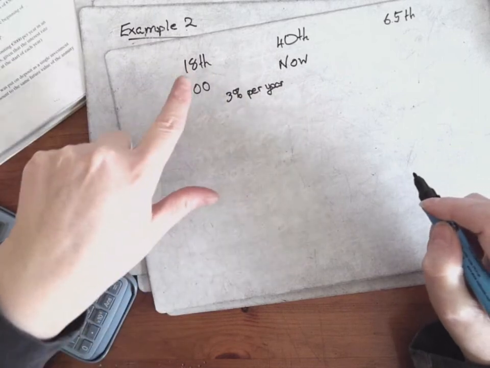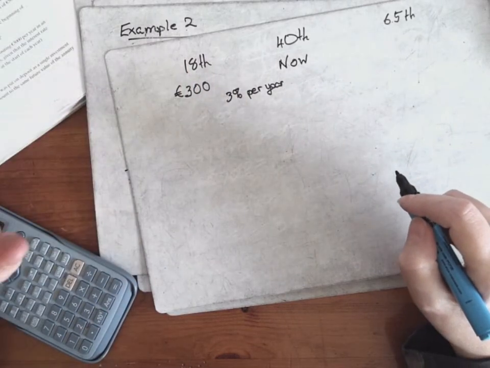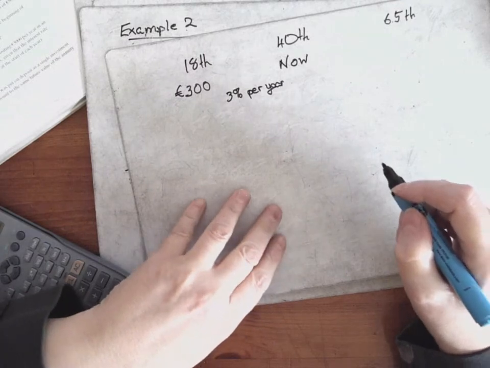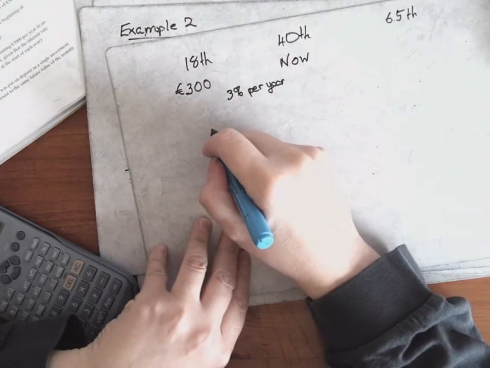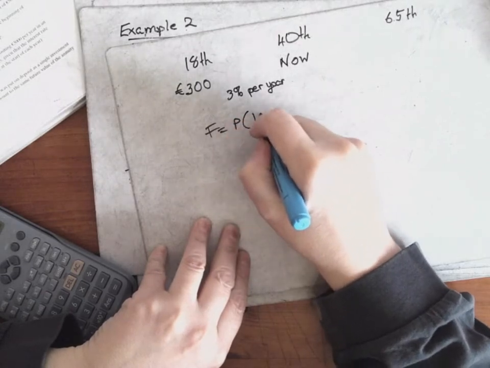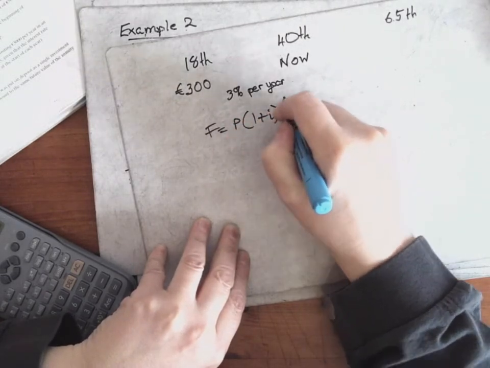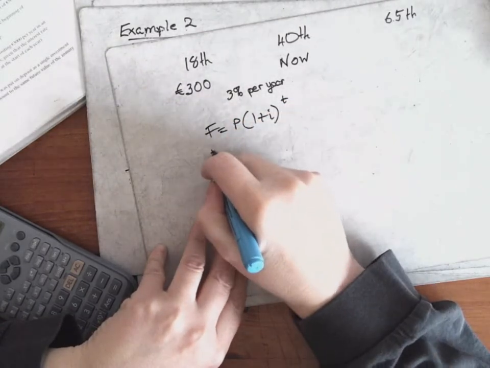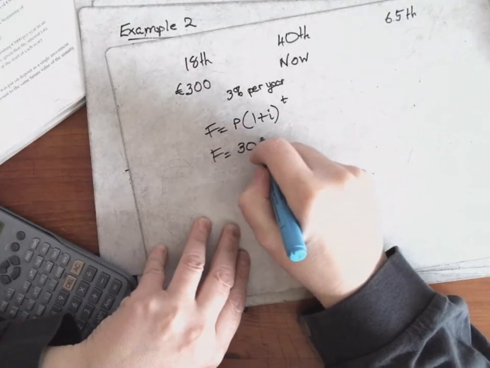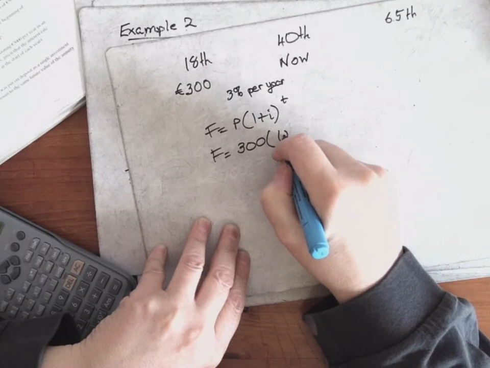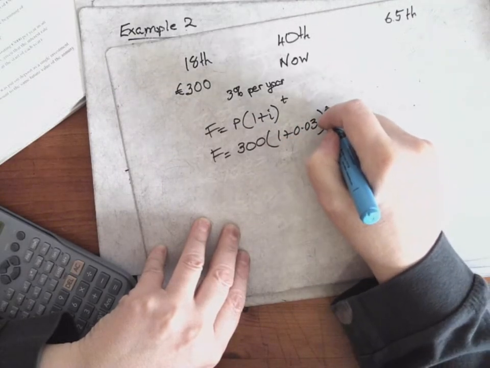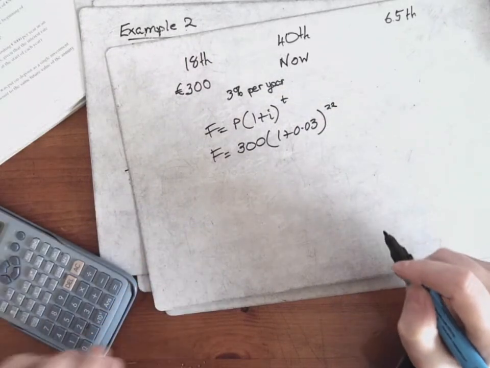This is 22 years ago, and you want to know how much she has now. So that's just a case of final amount is equal to the principal times 1 plus i all to the power of time. So the final amount is equal to 300 times 1 plus 0.03 all to the power of 22, because it's 22 years later.